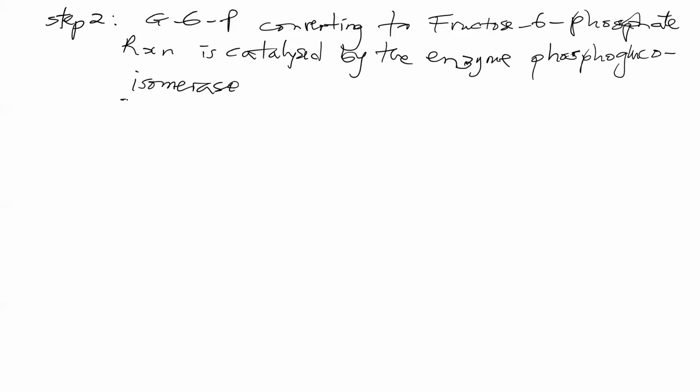So this reaction, even from the name of the enzyme, you can tell that this is just an isomerization reaction. Okay, so again, we write the structure for glucose 6-phosphate.